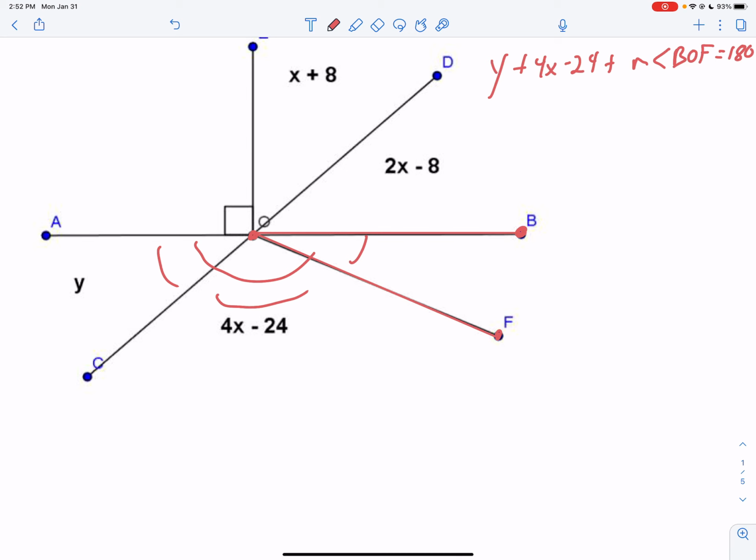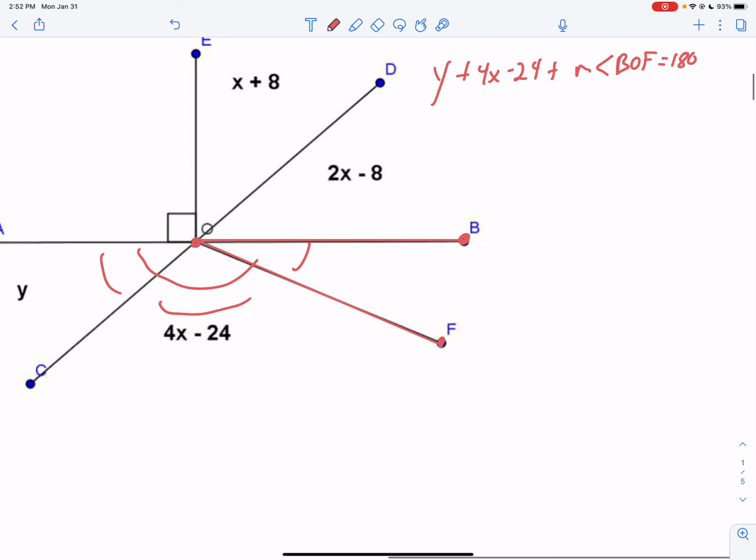It's not exactly drawn well, but most of our stuff hasn't been drawn to scale anyway. Okay, so y was 52. x was 30. The minus 24 has been staying there the whole time. Plus the measure of angle BOF equals 180.